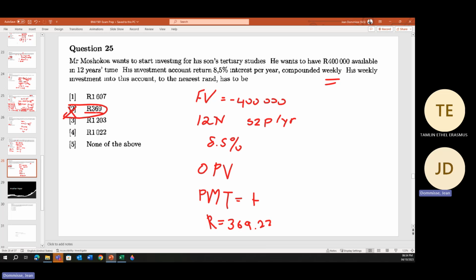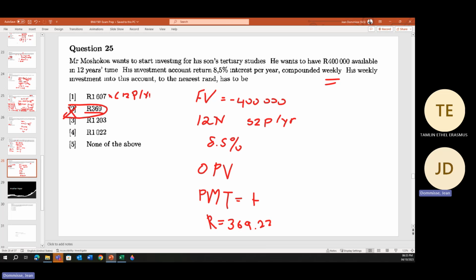So I just want to test if we did 12 times per year, what it might have come out as. Okay, so if we said 12 times per year and not 52 times per year, then our answer would have been 1607.